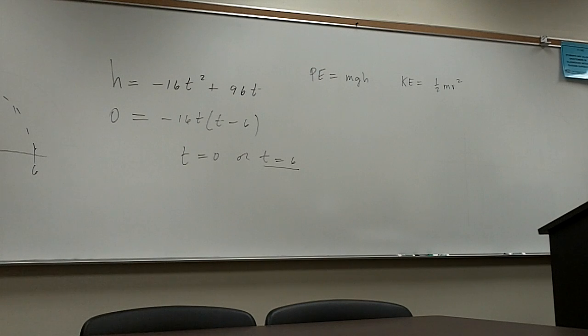Think about it, folks. Right now, suppose that is as high as this is ever going to go. Can you not say right now that its potential energy is maximum? Yes or no? Yes. What is its kinetic energy right now at this very moment? Zero, because it's not moving.